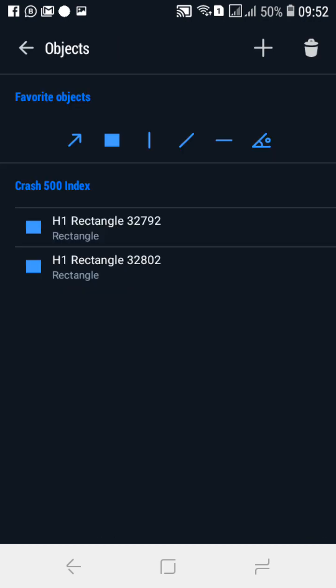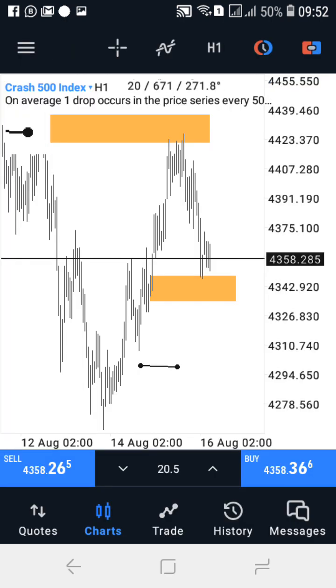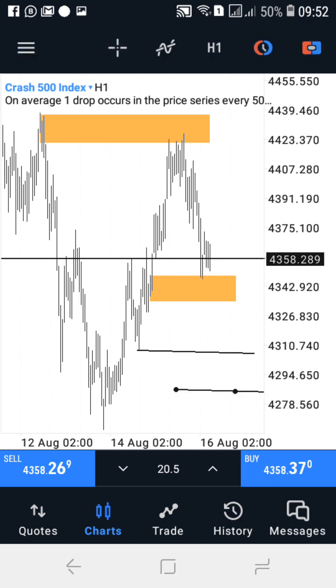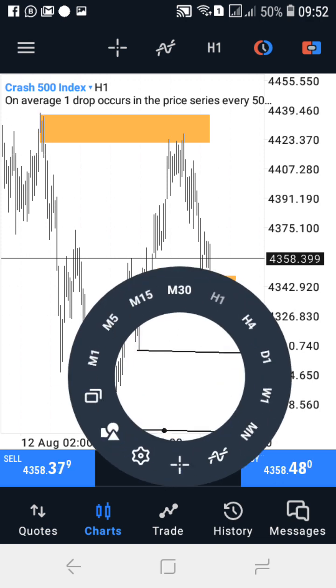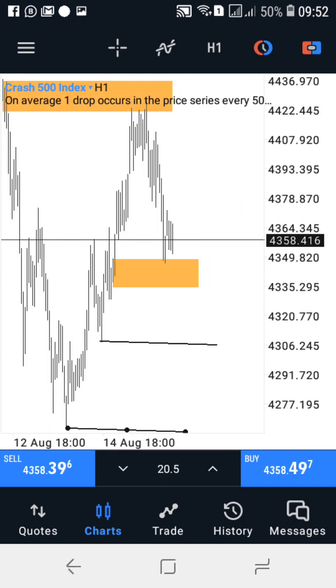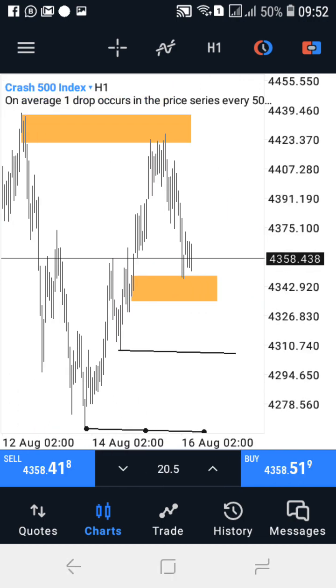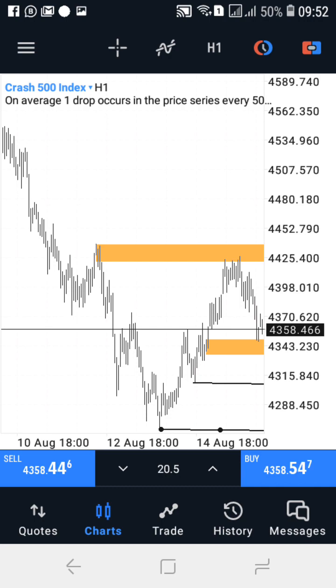So the target could be somewhere like here, and here. So that's TP1 and TP2. That's the things that you have to look at. One, when price leaves, it has to break structure.